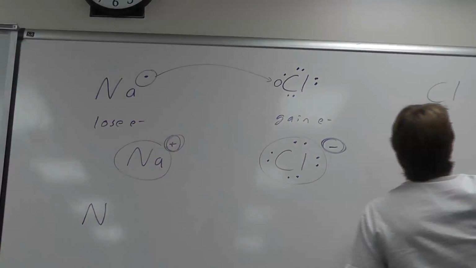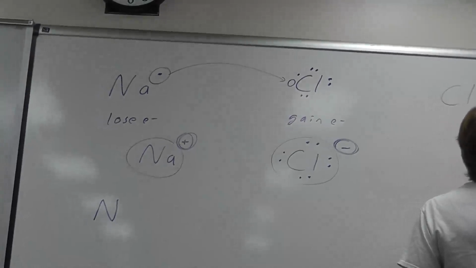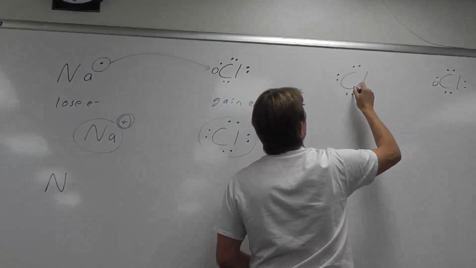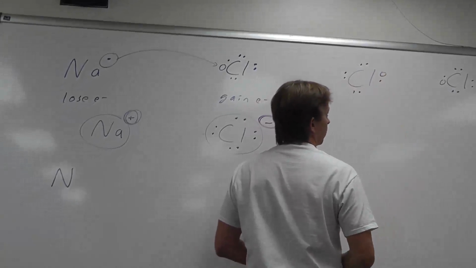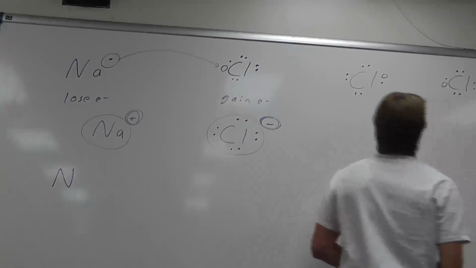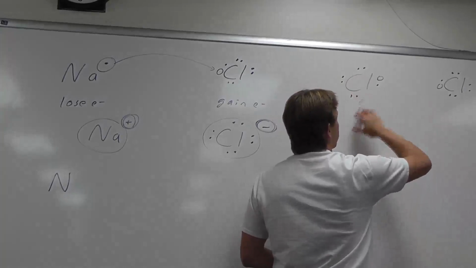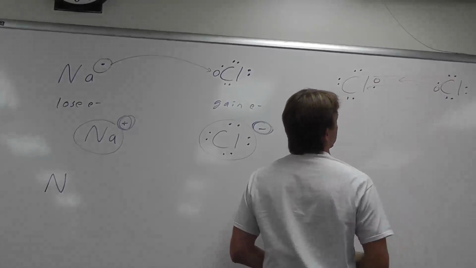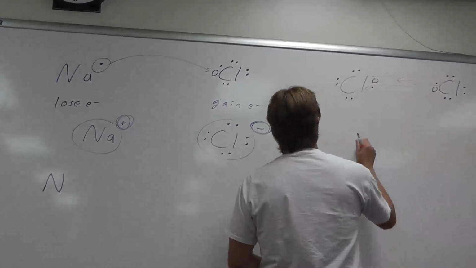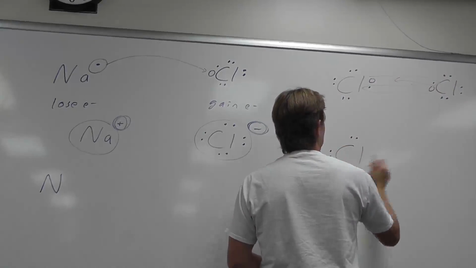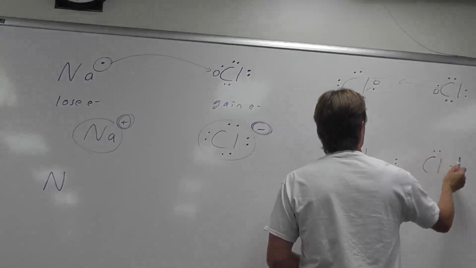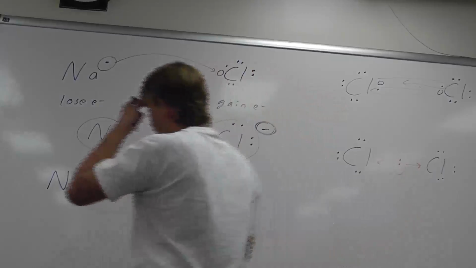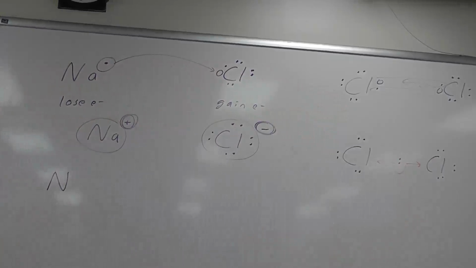If we were bonding chlorine to chlorine, where each of these has 7 valence electrons, vacancy right about there, vacancy right about there, then what happens here is not transfer of electrons from one to the other, but this chlorine tries to snatch that electron, and this one tries to snatch that electron, and you end up with something like this, where a pair of these electrons are caught in that tug-of-war, perpetually oscillating back and forth between those two nuclei.